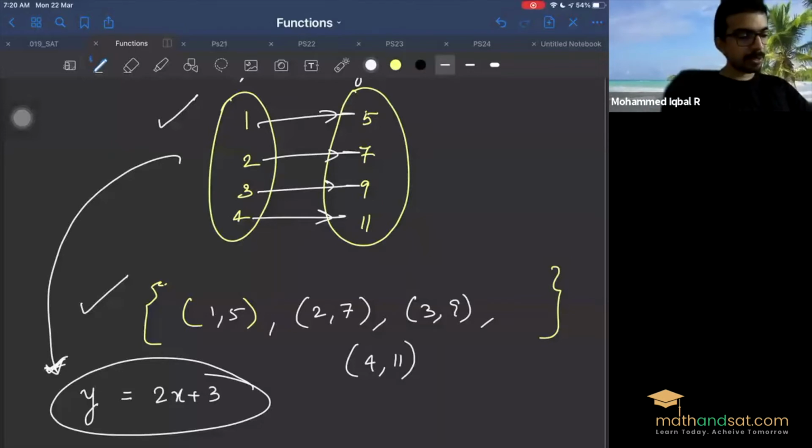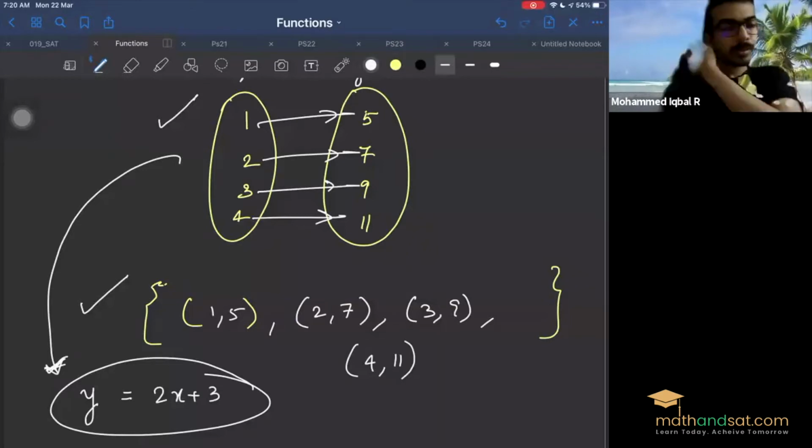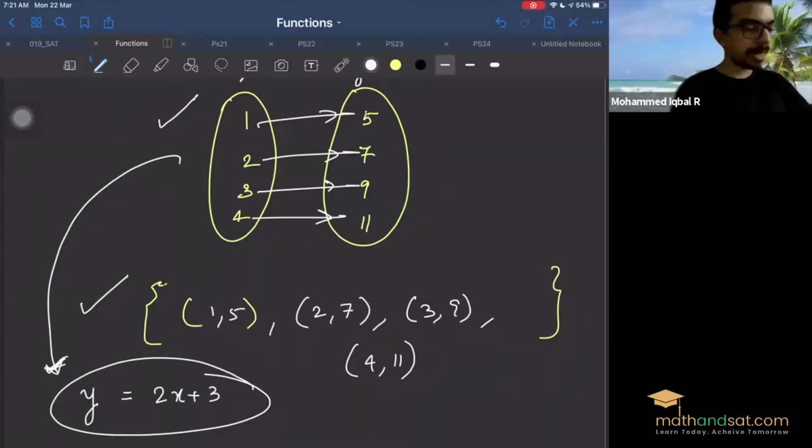When x is equal to 2, is your y value 7? When x is equal to 3, is your y value 9? When x is equal to 4, is your y value 11? Can you check and let me know whether it matches all the 4 ordered pairs?